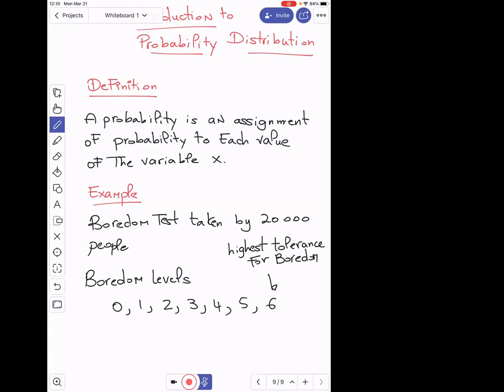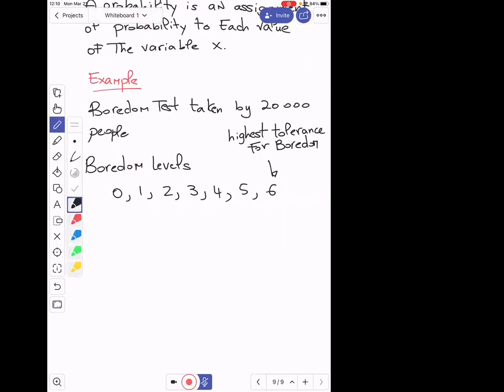Anyway, so we have this test with boredom levels from 0 to 6. And let's say we got the following results. First you have your variable x.